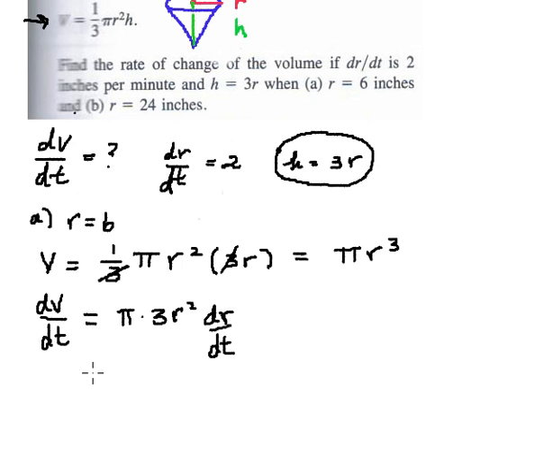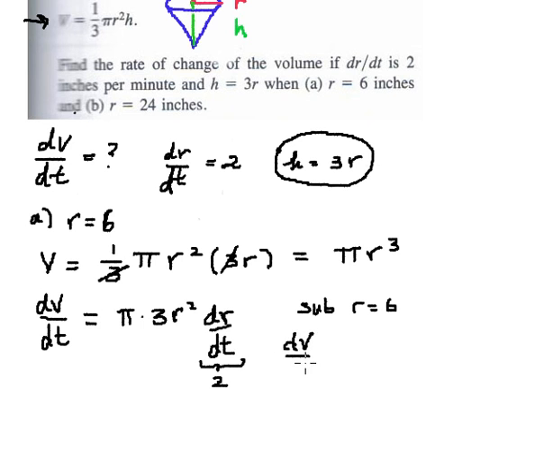First of all, dr/dt is constantly 2, so we'll substitute in a 2 for dr/dt. And we want to find out what dV/dt is when r is equal to 6. So let's substitute r equals 6 and dr/dt equal to 2.